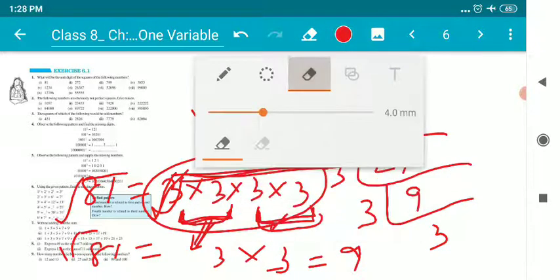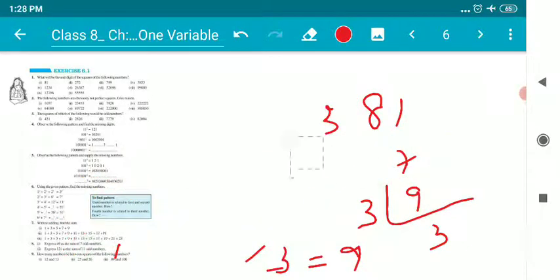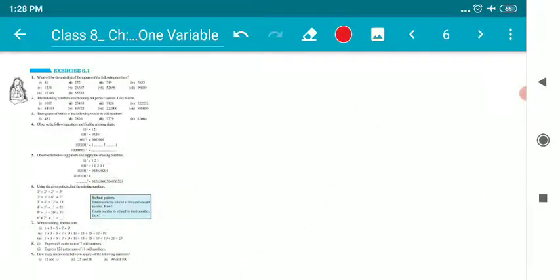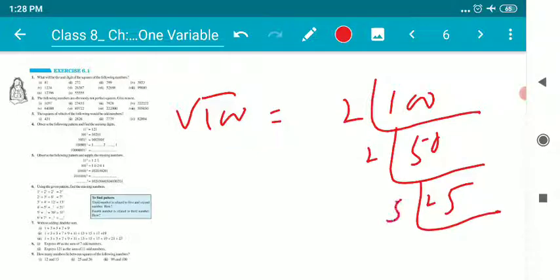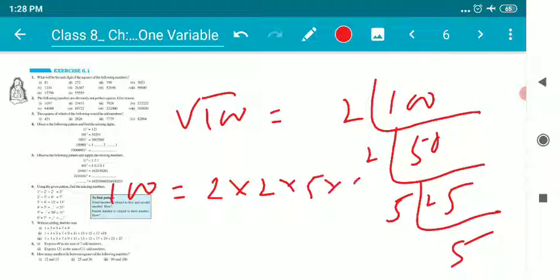Similarly, it can be done for root over 100 also. Let us check for root over 100. How to find it? Just find the prime factorization of 100. 2 50s are 100, 2 25s are 50, 5 5s are 25. Okay, children. So I can write 100 is equal to 2 into 2 into 5 into 5.